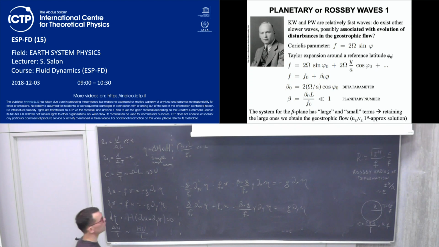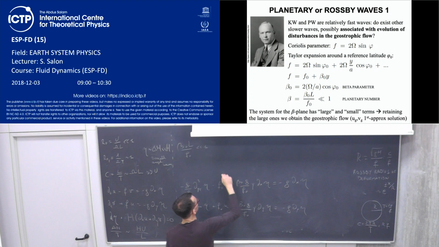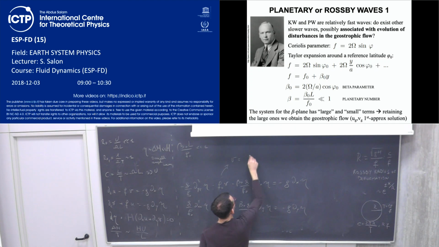So from this, we will obtain again a solution, for example v, equal to g over f0 dx eta, which again is the geostrophic solution, plus all the other two terms, which actually are the perturbation.